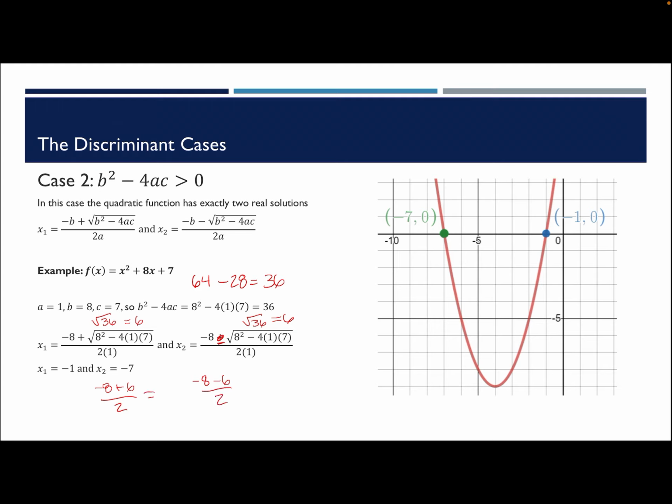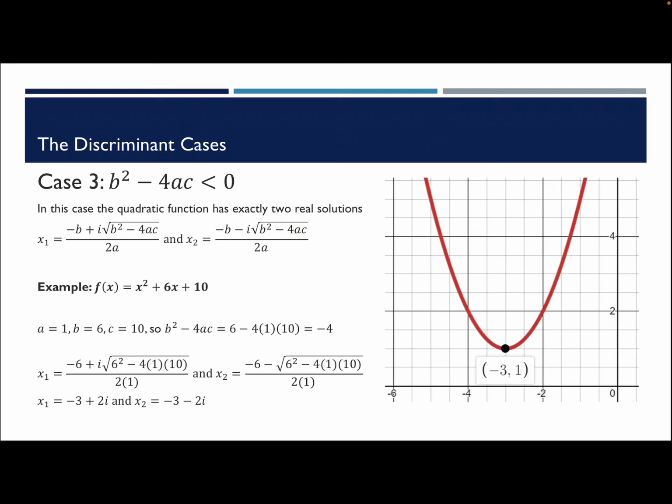So -8 plus 6 is -2, divided by 2. That's how we get the -1. And -8 minus 6 is -14, divided by 2. That's how we get the -7. But you can see that when the discriminant is positive, your graph is going to go through the x-axis twice. So the second case is the discriminant is positive.